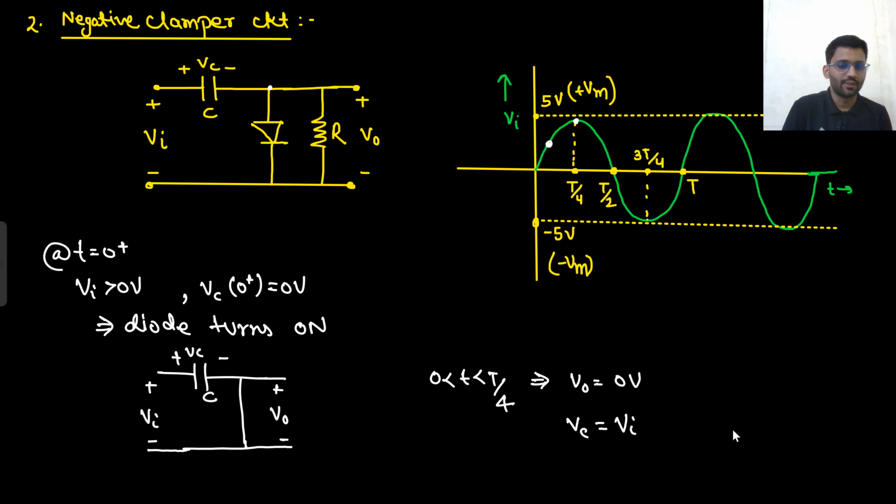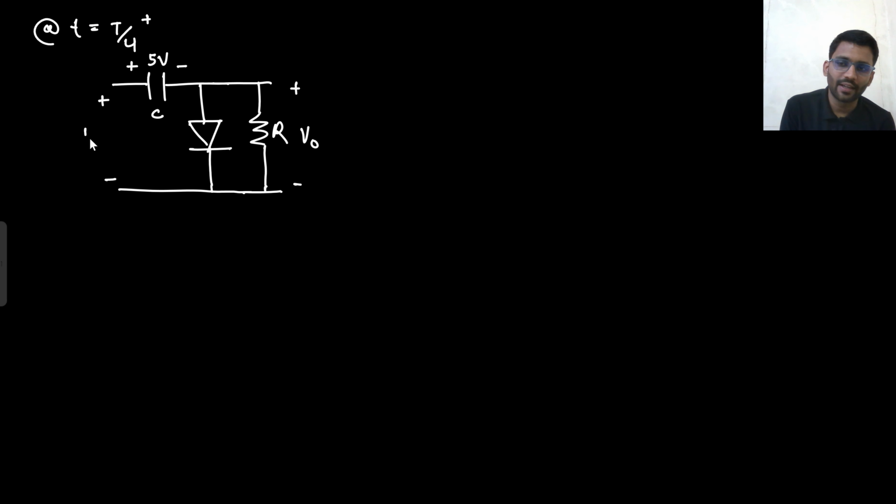In the next moment, here it is becoming 4.9 volt. So what will be the voltage here? 4.9 minus 5, it will be minus 0.1 volt.